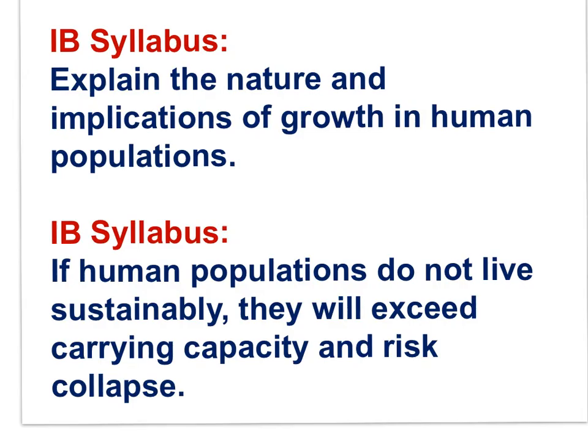And when humans consume resources faster than natural replacement, we could exceed carrying capacity if we haven't done so already. If humans do not live sustainably with the resources provided by the earth around them, they will exceed carrying capacity.